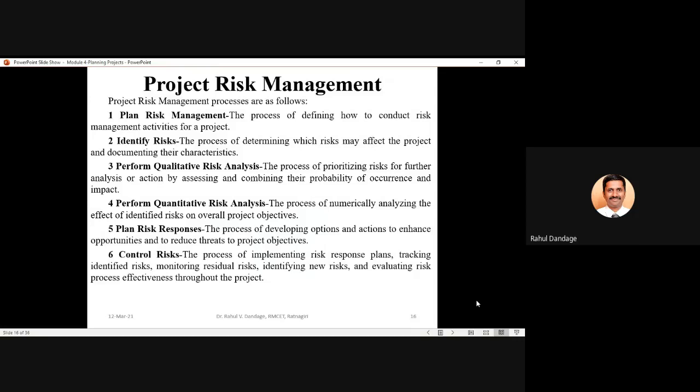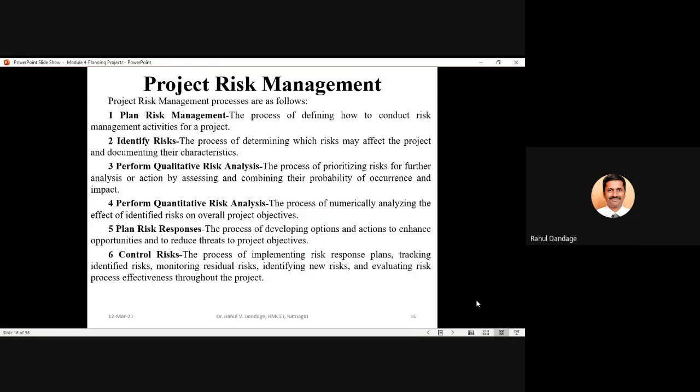Here we assign certain weights and values to the risk categories and numerically analyze the effect of the identified risks on the overall project objectives. With some formulae, methodology and calculations, we try to determine exactly the effect of these risk categories on the overall project objectives.